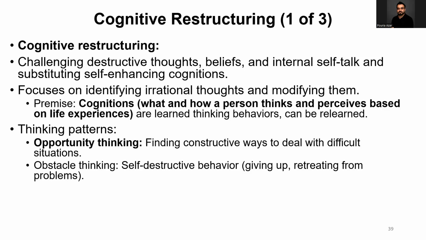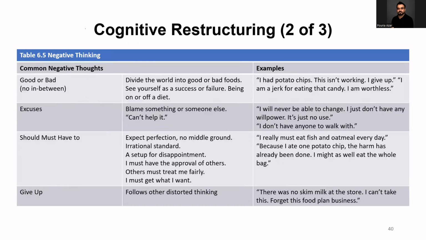As a nutrition counselor, we have to be aware of these concepts. Some clients have an opportunity thinking pattern, but other clients have an obstacle thinking pattern. We have to be aware of these two different patterns.